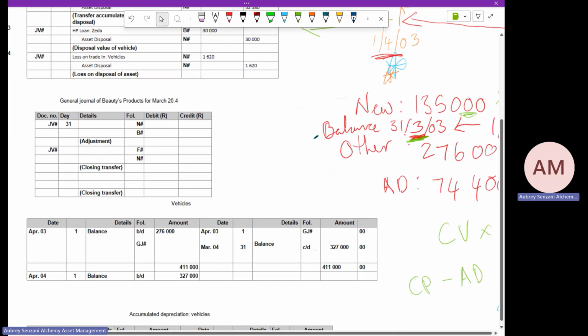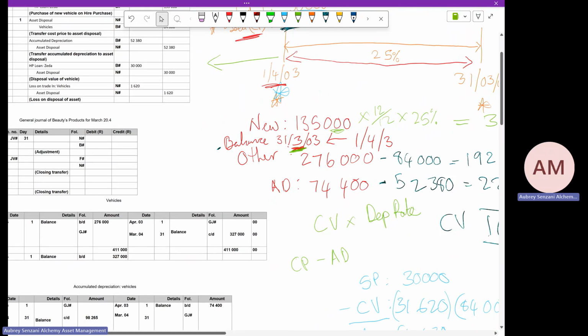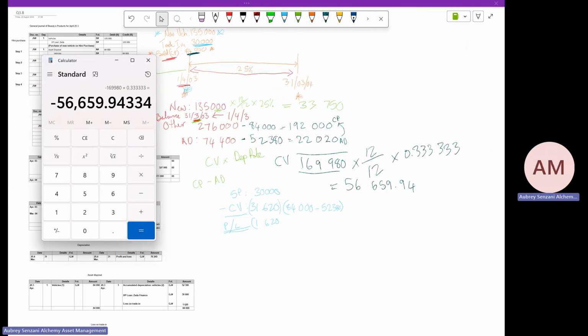Now that we have all the depreciation that has taken place on our vehicles, we can now do our adjustments. And you'll see, we start with the journal as we have been doing. We plus it to the 33 that we had earlier. I made a bit of a blunder here.